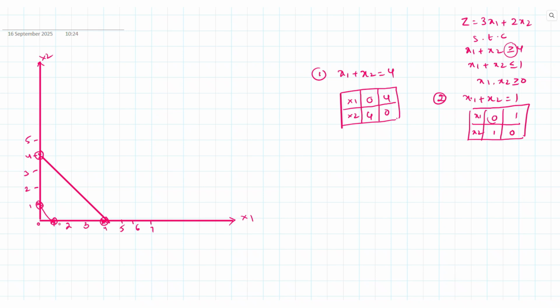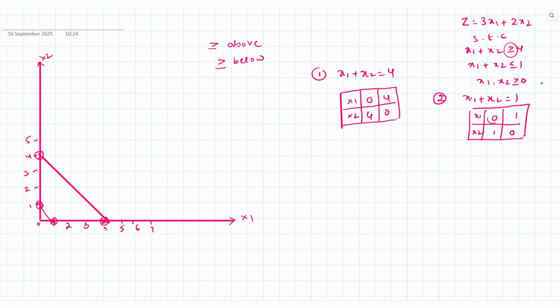Now we already know the feasible region is decided by the conditions given, greater than or equal to or less than or equal to. Whenever we have greater than or equal to, the feasible region will be above the line. Whenever we have less than or equal to, the feasible region will be below the line.